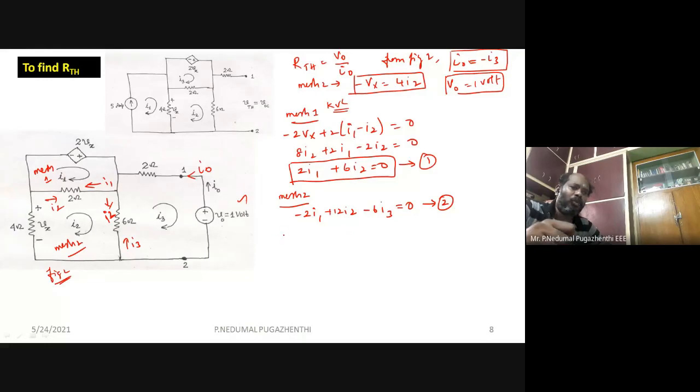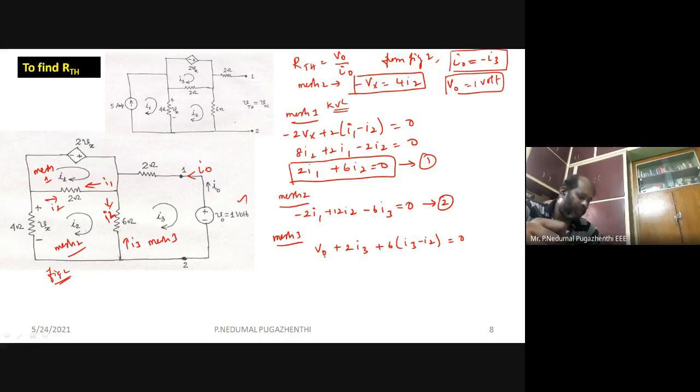And from mesh 2, if we take mesh 3, the current direction is opposite, so it is entering the voltage source V naught through positive. So I will have V naught plus 2 into I3 plus 6 into I3 minus I2 is equal to 0.